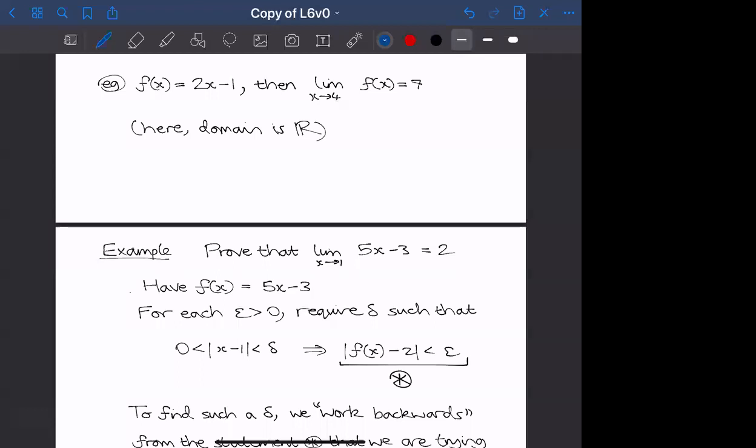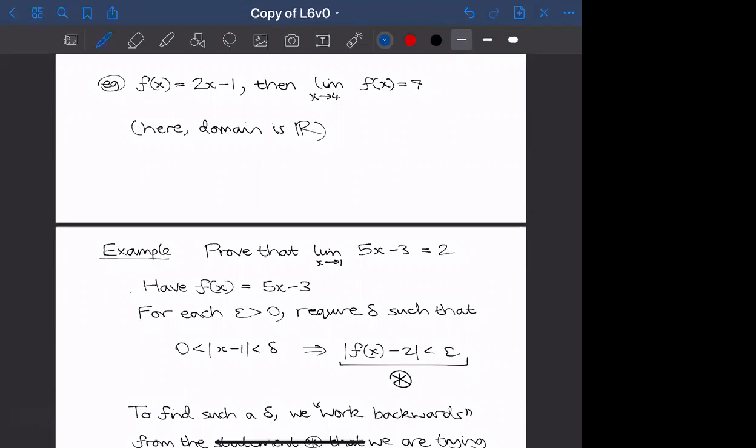So example, prove that the limit of 5x minus 3 as x goes to 1 is 2. So here the function is 5x minus 3. Well, what does the definition say? If we want to prove that the limit is 2, then we have to check the following.